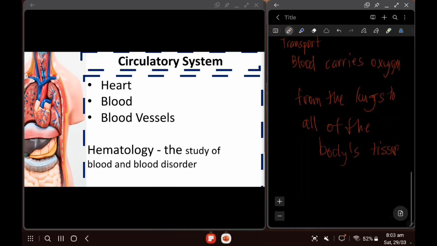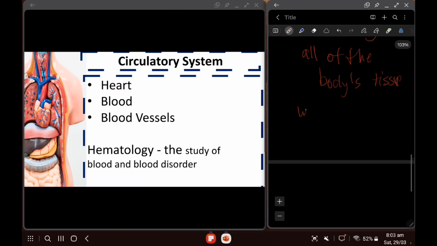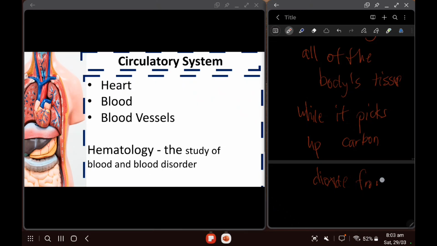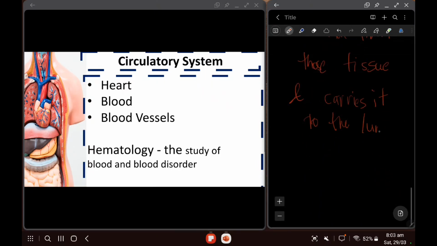At the same time, while it carries oxygen, it picks up carbon dioxide from those tissue and carries it to the lungs to be removed from the body.